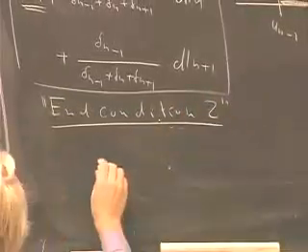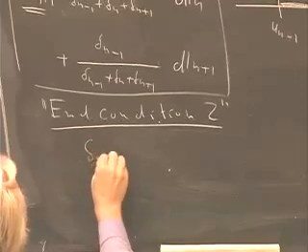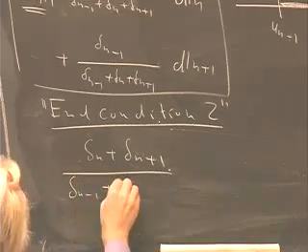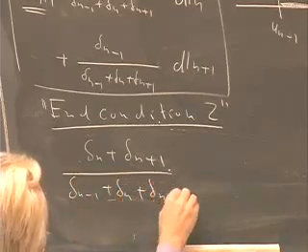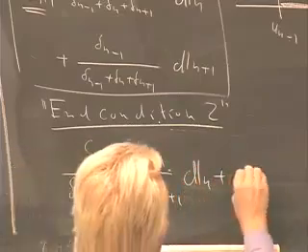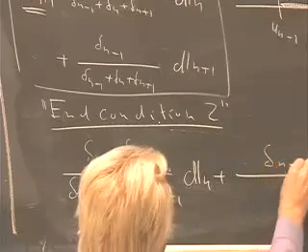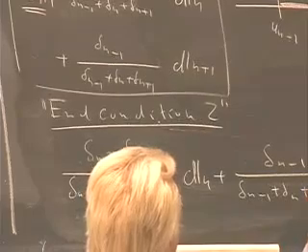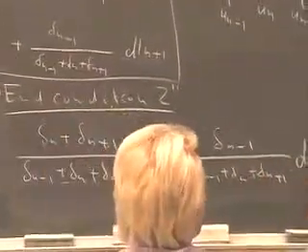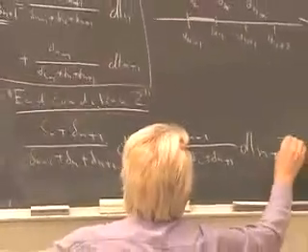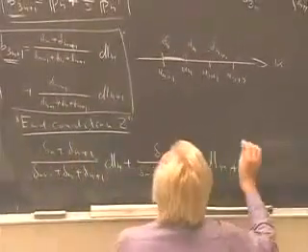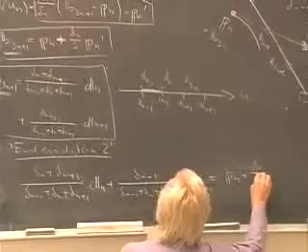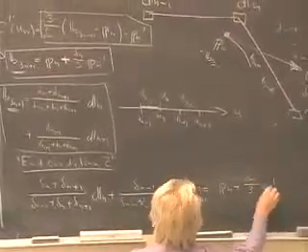End condition 2 then reads dn plus dn plus 1 divided by delta n minus 1 plus delta n plus 1, times dn, plus delta n minus 1 over delta n minus 1 plus delta n plus 1 times dn plus 1, equals Pn plus delta n over 3 times Pn prime.